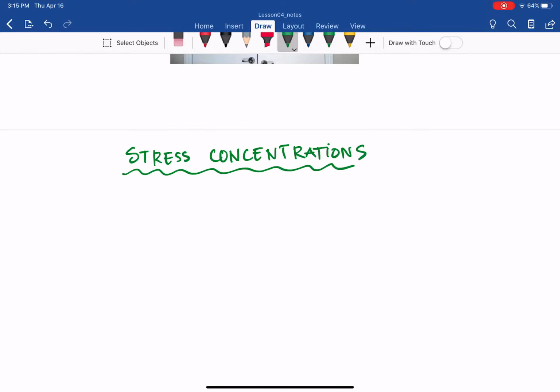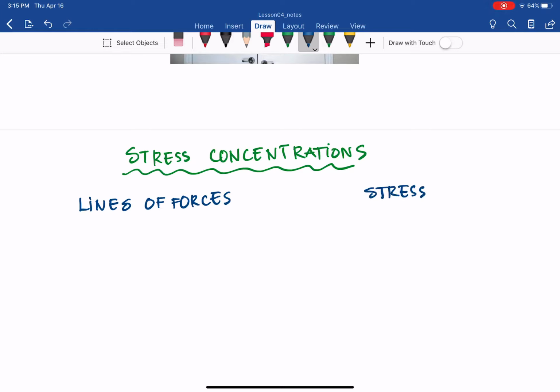Continue here. So if we have scenarios in terms of the lines of forces, and what happened for the stress in that case.